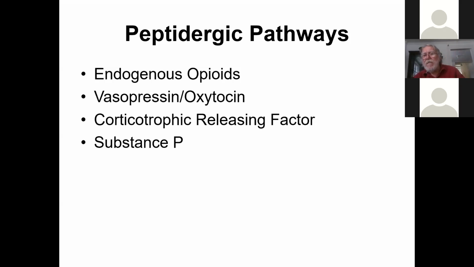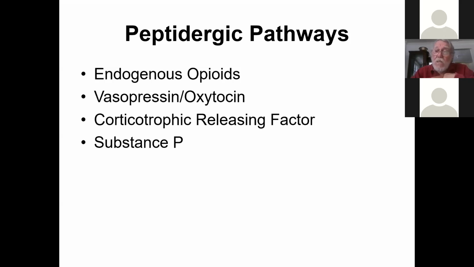Another NIDA recipient, Eric Simon from NYU, did the same thing, and then a Swedish guy named Lars Terenius also did the same. So now, all of a sudden, we identify opiate receptors that are extremely sensitive to opiate agonists and antagonists. And then 2 years later, a Scottish team identified 2 pentapeptides as the primary things that bound to opiate receptors.